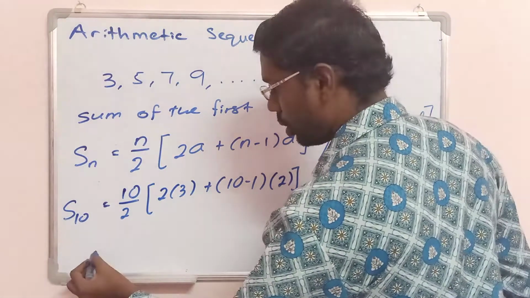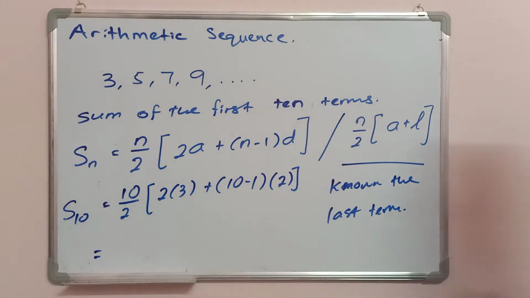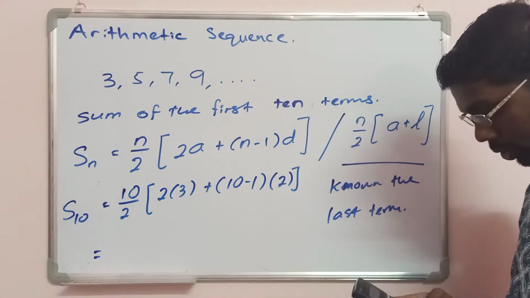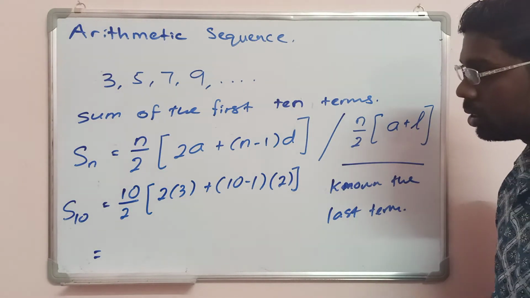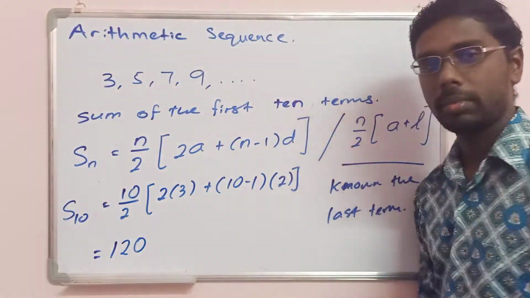You can calculate this. What we get is 5 times (6 plus 18), which gives us 120.